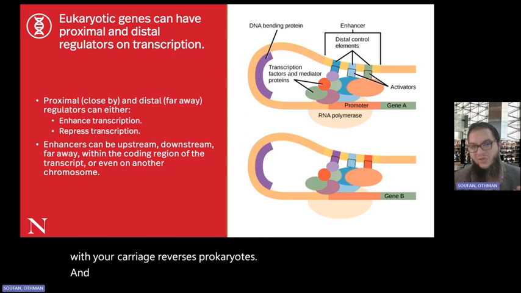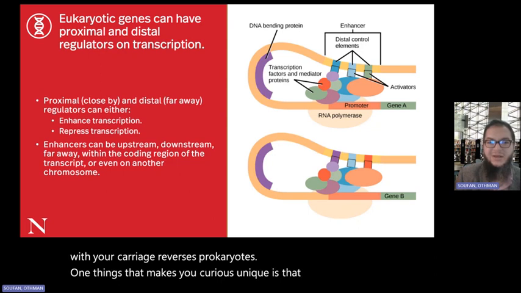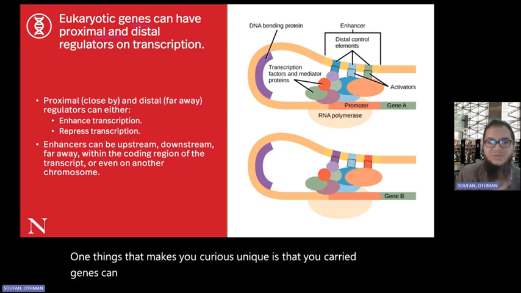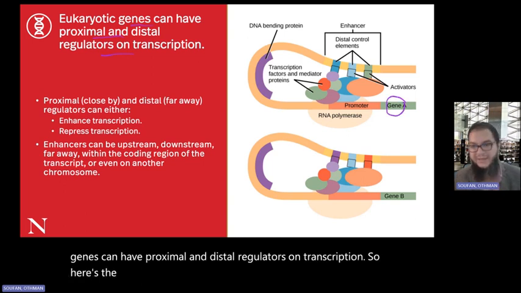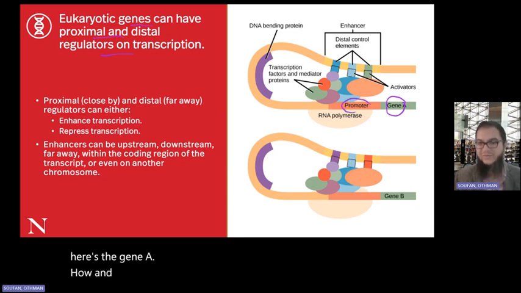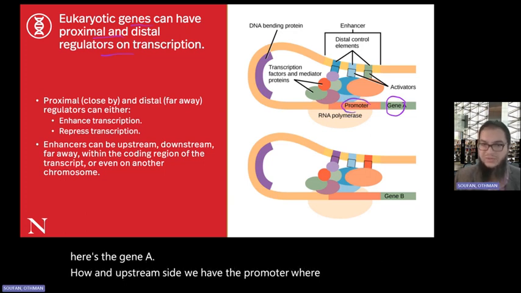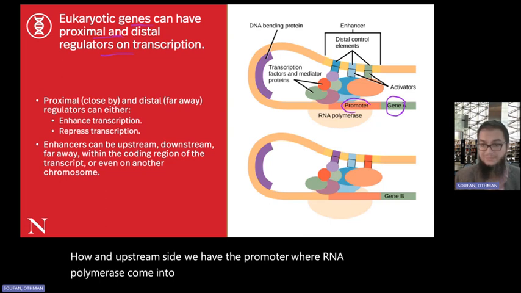one thing that makes eukaryotes unique is that eukaryote genes can have proximal and distal regulators on transcription. So here's gene A. On the upstream side we have the promoter where RNA polymerase comes into play.